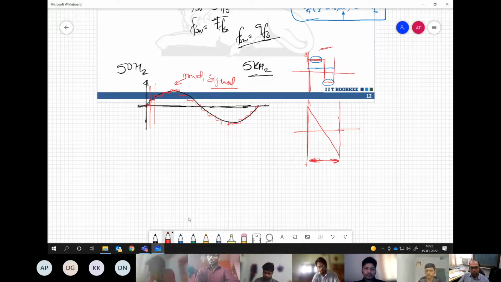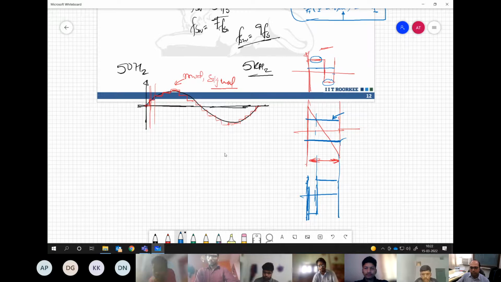And then based on where your modulating signal lies, it will generate the PWM voltage or gating signal according to that. Say if it is here, then it will be on for this much, off for this much duration, and then on for the rest of the duration.